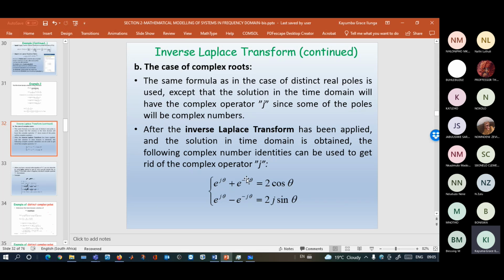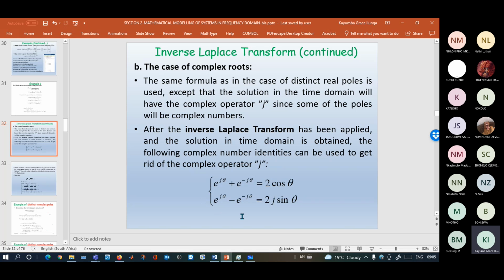After you find the inverse Laplace transform, it can happen that by solving, you find this type of identity. When you are solving, it will be better to find this form of identity.